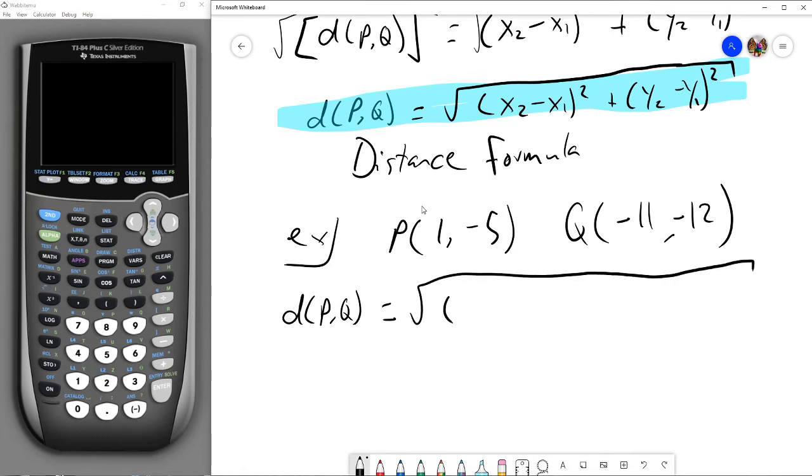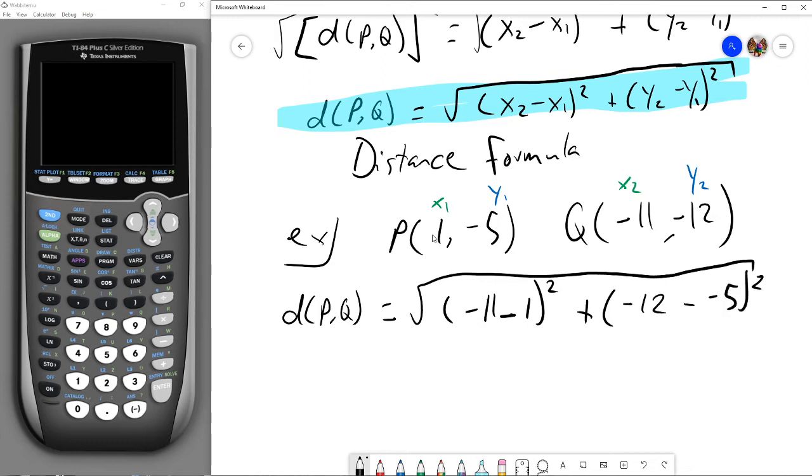Then x2 minus x1, so this -11 here is going to be my x2, minus my x1 right here, that quantity is squared, and then I need my y2 minus my y1. So we need a quantity of -12 minus -5.